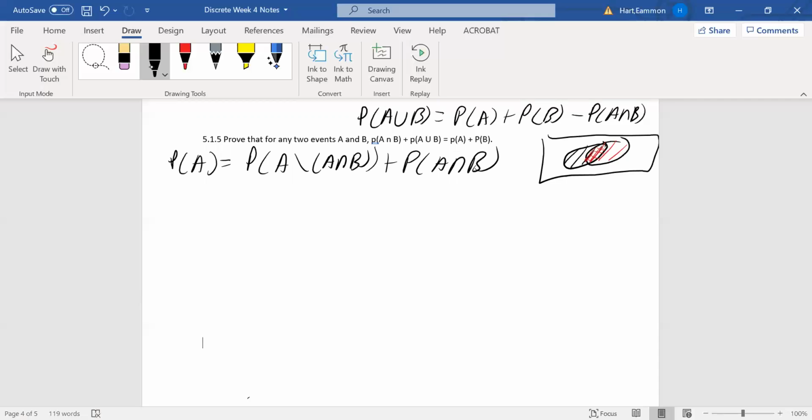Actually, I should state a lemma here: the probability of the null set is equal to 0.